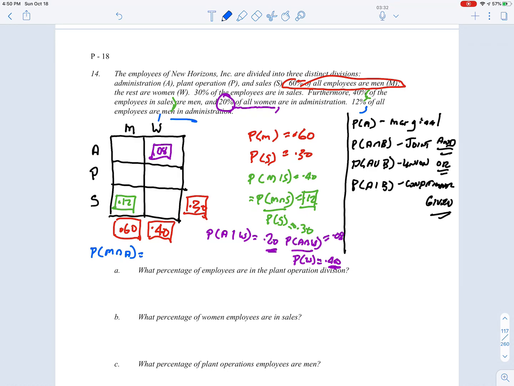They're men and they are in administration. They're not saying 12% of men. They're not saying 12% of those in administration. They're saying 12% of everybody have these two characteristics. They're men and are in administration. So that's something that goes straight in, right in here.